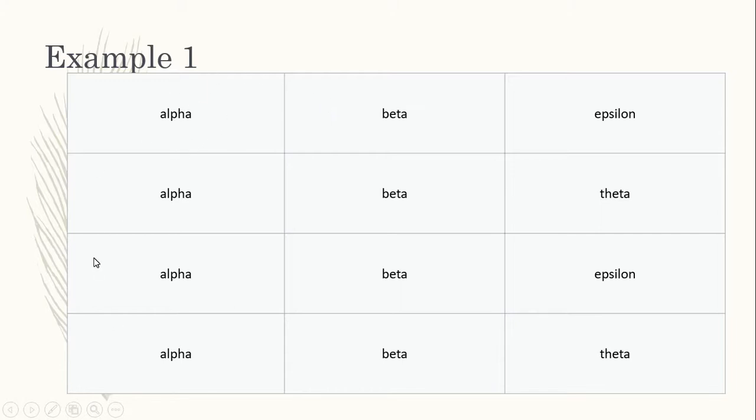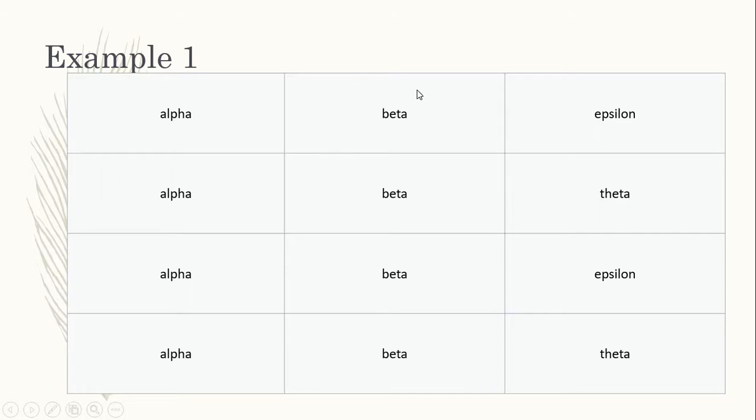Okay, the association rules that can be determined from this database: first, 100% of the sets with alpha also contain beta. Next, 50% of the sets with alpha, beta also have epsilon.